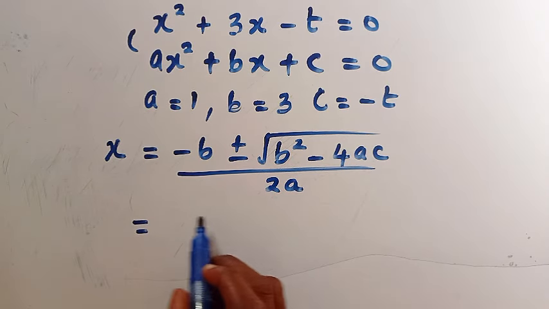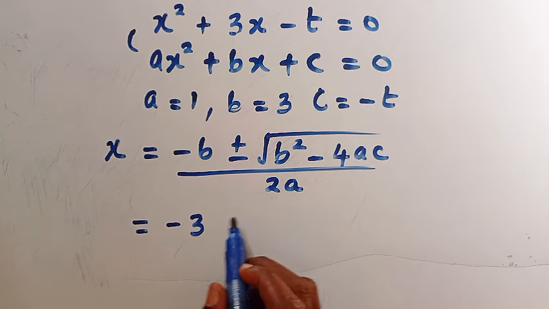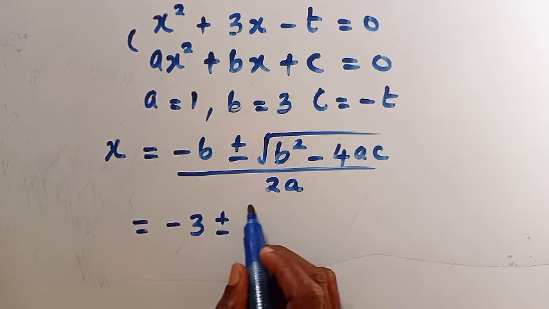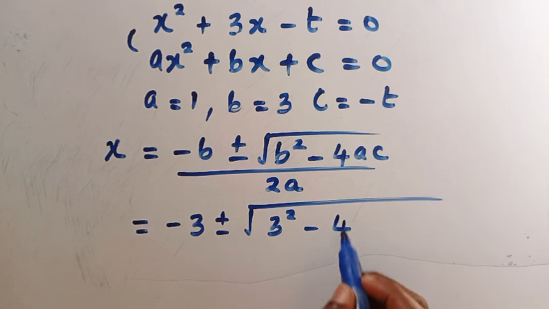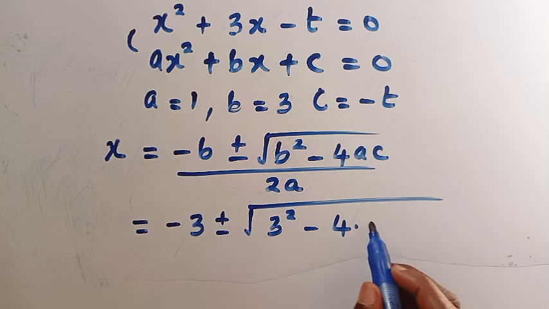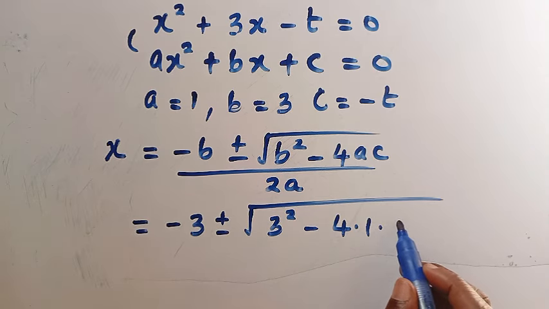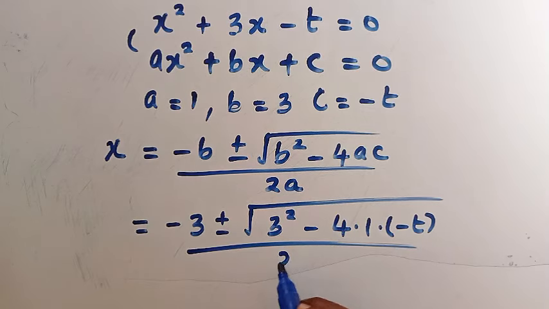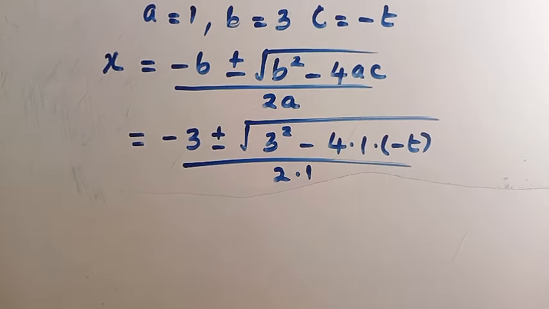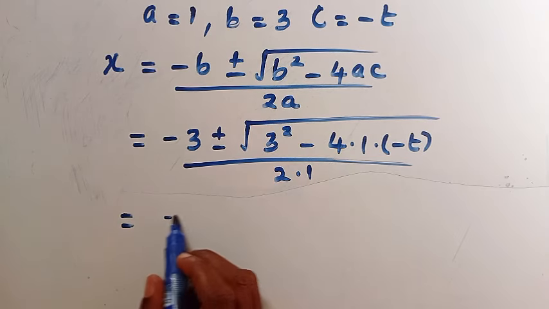This will be equal to minus 3 for the value of b, plus or minus the square root of 3 squared minus 4 multiplied by a, which is 1, multiplied by c, which is minus t, divided by 2 multiplied by 1. So the next step, we are going to do the proper evaluation of this.